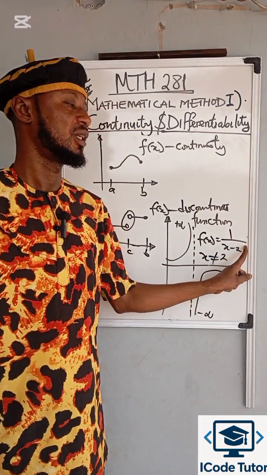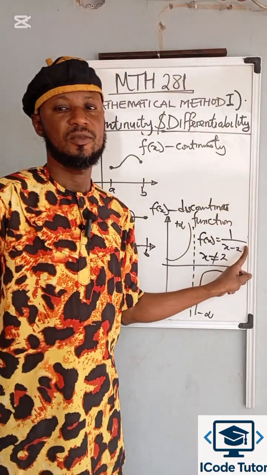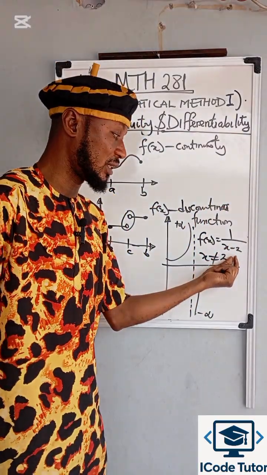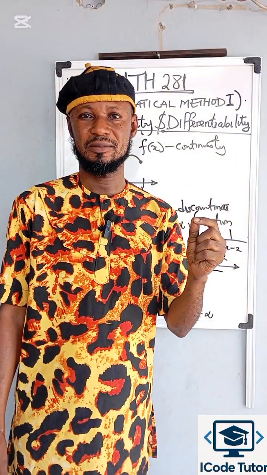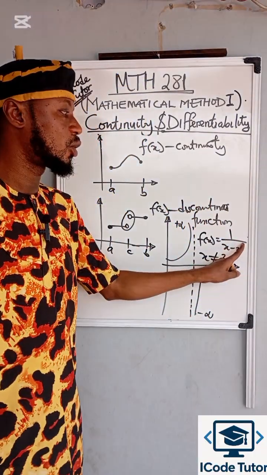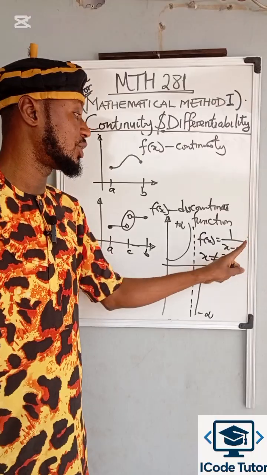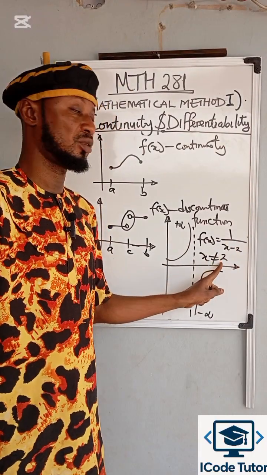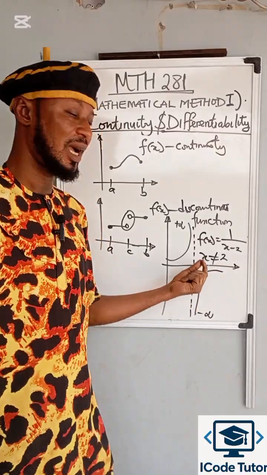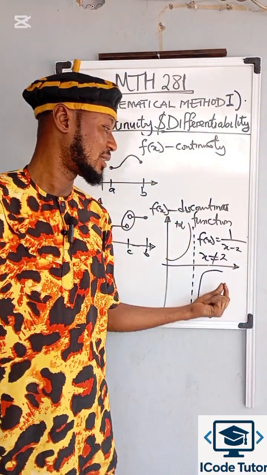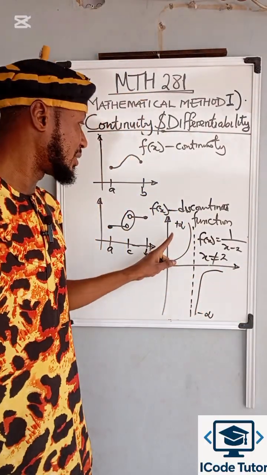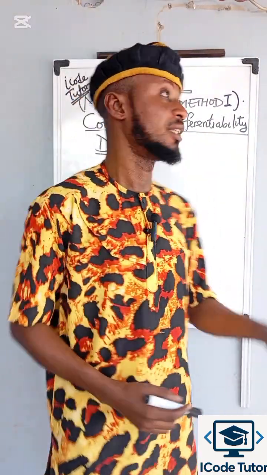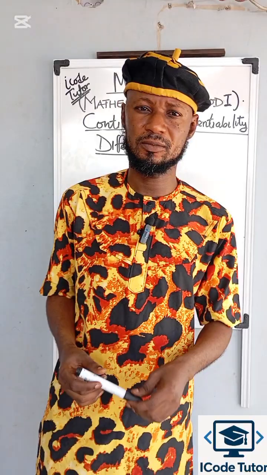Because this function is undefined when the denominator equals 0, and once it equals 0, that means x will not be equal to 2. We regard this as an infinite discontinuity, and it is also referred to as a discontinuous function.